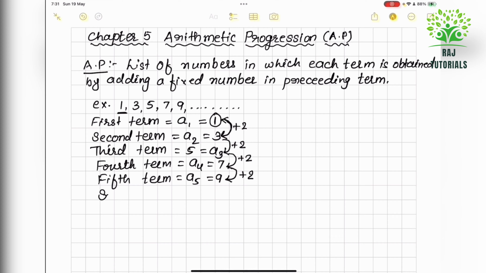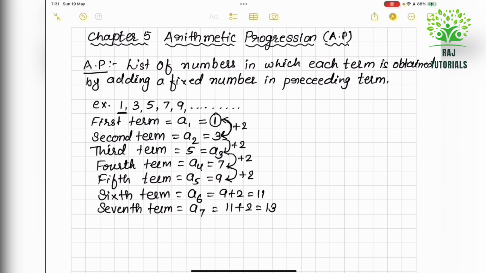Now if 6th term is asked, A6 will be 9 plus 2. So that will be 11. 7th term A7, that will be 11 plus 2. So that is 13. So this way I can find out as many terms as they have asked me.